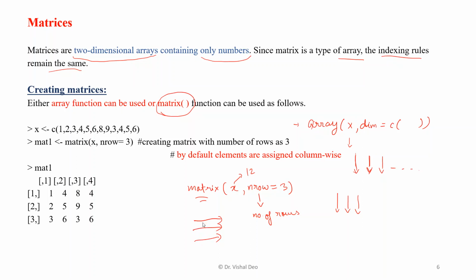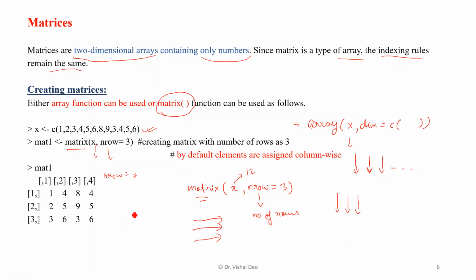So that we'll see. First of all, if we are using the function matrix to define a matrix, then again similarly we have to create a vector of elements, or we can define this vector of elements inside the function matrix itself, and then we have to define the number of rows, which we can define by the argument nrow equal to whatever the number of rows is, and automatically, based on the number of elements in the vector, it determines the number of columns.